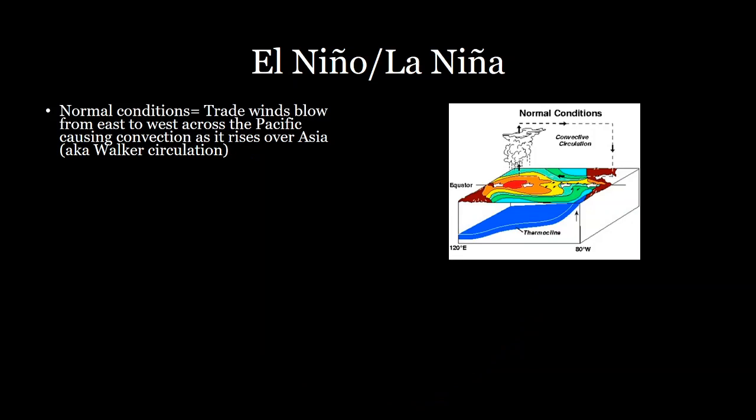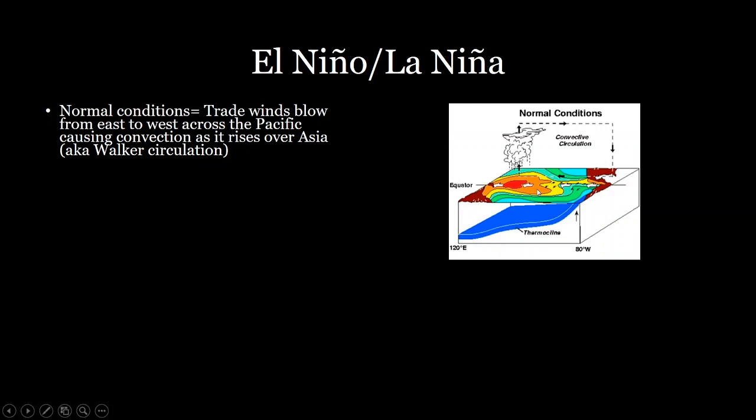In order to understand El Niño and La Niña events, we first have to understand what the normal conditions are for atmospheric and oceanic circulation within the Pacific Ocean. In a normal condition, you have winds moving along the equator.